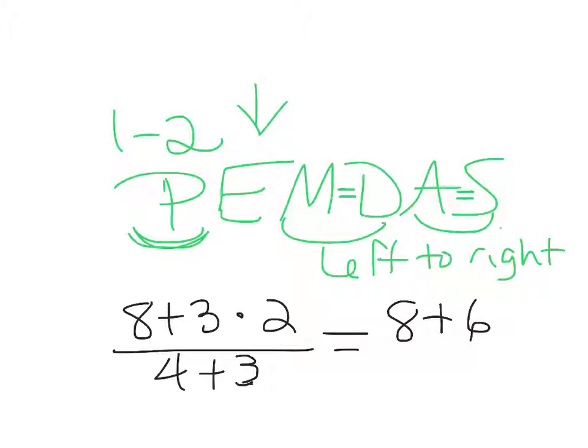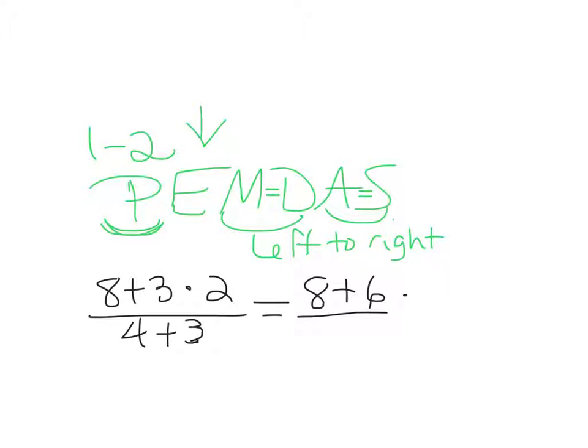Okay. And then what else could we do? Then add the 8 plus 6 to get 14. Okay. And then what about the bottom? What are we going to do there? Just add 4 plus 3 and 7. Okay. And then what do we do? Divide, and then you get a whole number 2. Perfect. So you're going to have to do order of operations.